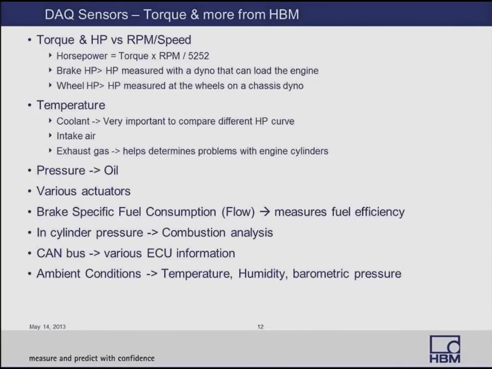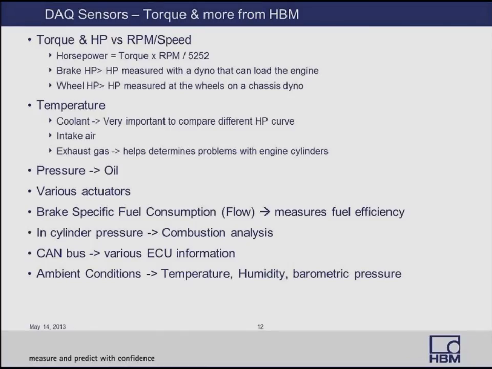And there's two types of horsepower. There's your brake horsepower, and there's your wheel horsepower that you can further subclassify these measurements into. In a brake horsepower, the horsepower measurement is made with a dyno that can load the engine, whereas the wheel horsepower, the power is measured at the wheels on the chassis dyno.